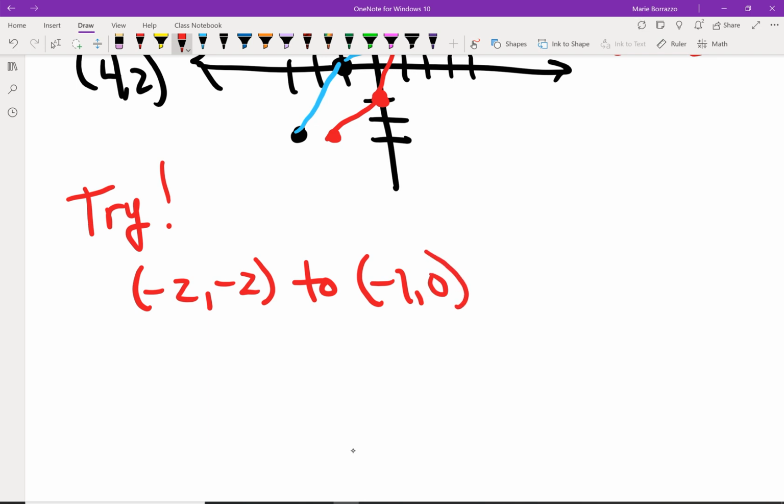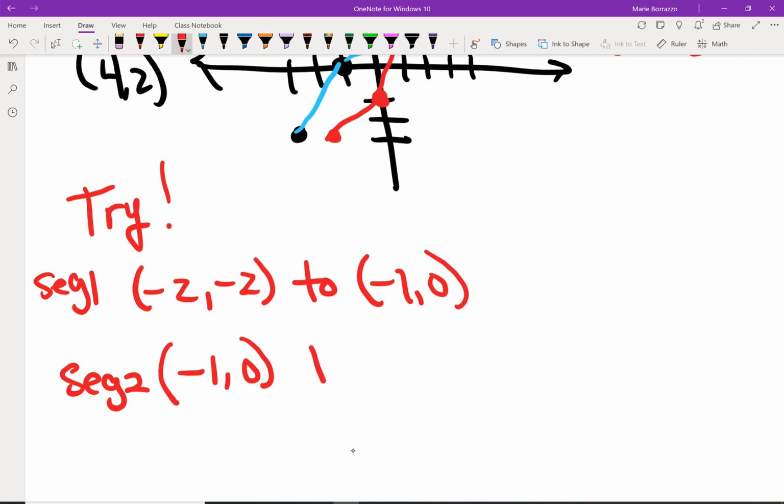This is what they call segment 1. And in segment 2, they want you to draw (-1, 0) to (1, 2).